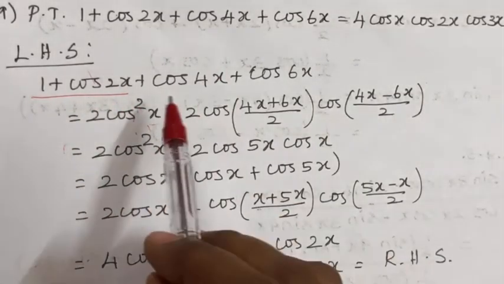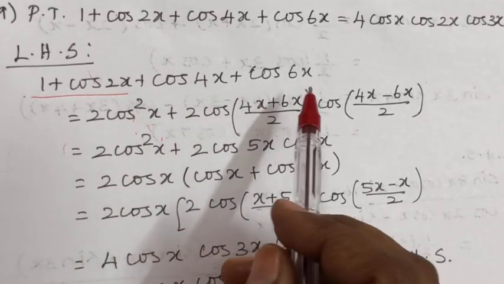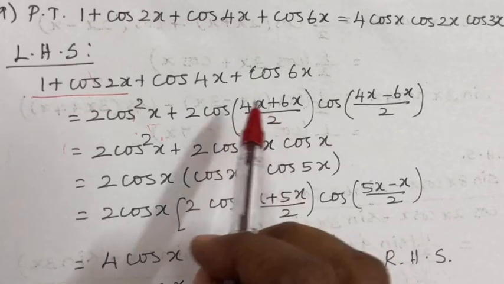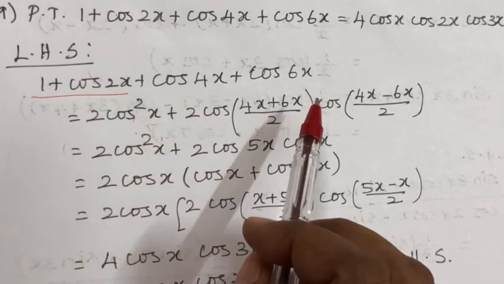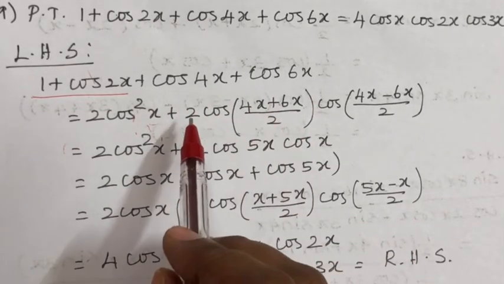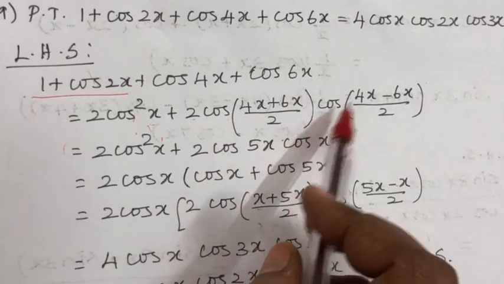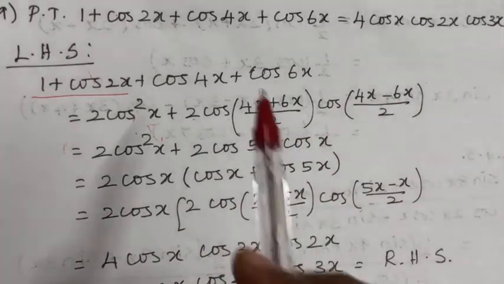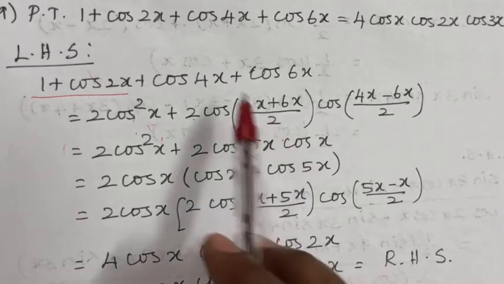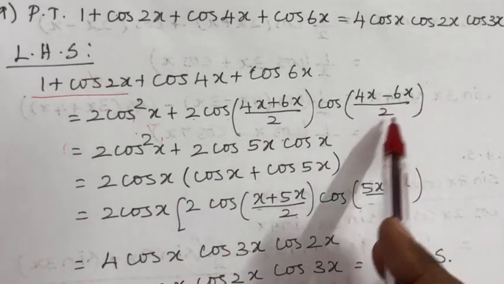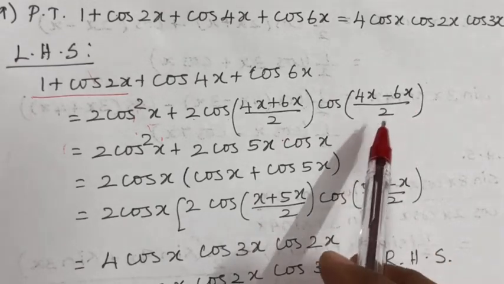Okay, so here cos c plus cos d, that is the sum to product identity I am going to use. So cos c plus cos d is equal to 2 cos (c plus d) by 2 cos (c minus d) by 2. So (c plus d) by 2 is (4x plus 6x) by 2. (c minus d) by 2 is (4x minus 6x) by 2.